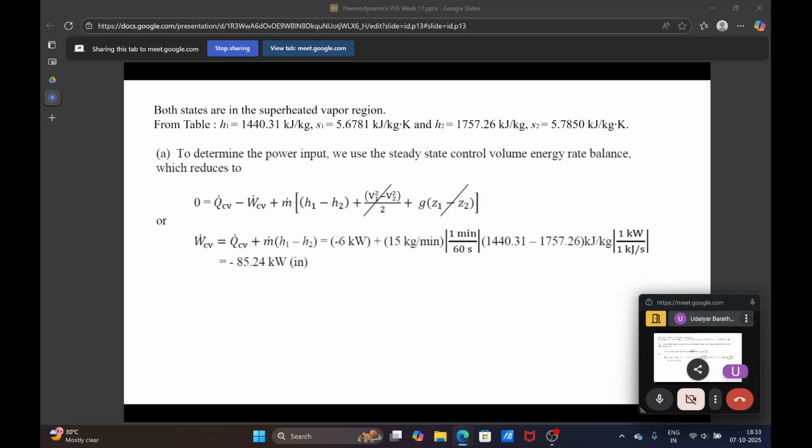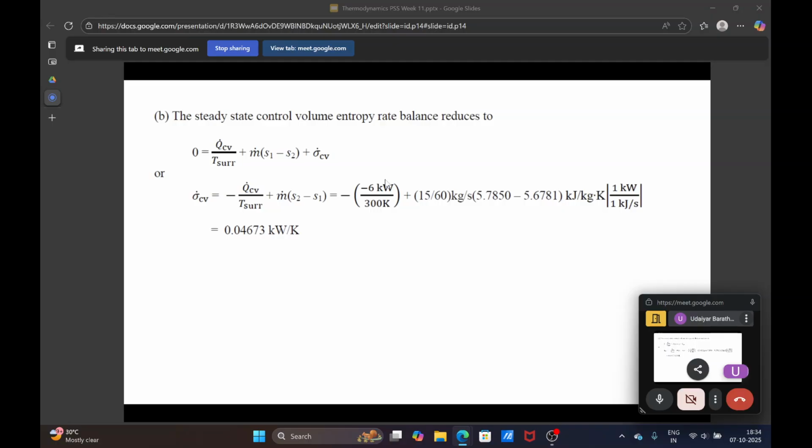So it's minus 6 plus the mass flow rate, which is 15 kg per minute, so 15 divided by 60, which is 1 by 4, multiplied by the change in enthalpy, 1440.31 minus 1757.26. The power supplied to the compressor is minus 85.24 kilowatt. This is negative because the work is supplied to the compressor.